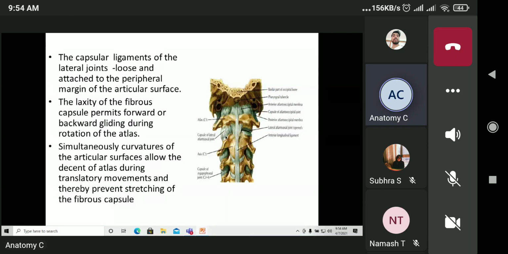Simultaneously, the curvature of the articular surface allows the descent of the atlas during the translatory movement and thereby prevents stretching of the fibrous capsule.